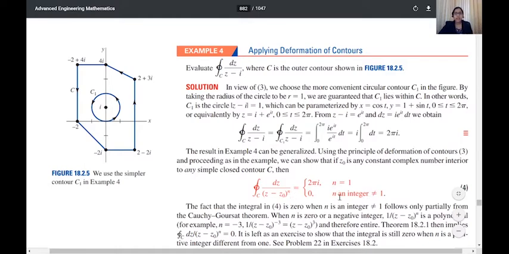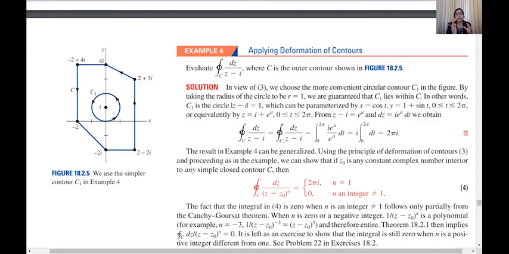If n is 0 or any negative integer, then z minus z0 raised to minus n comes in the numerator. So we are asked to find the integral of a polynomial function. Polynomial functions are entire, so by the Cauchy-Goursat theorem the integral of that function will be equal to 0. That is how 0 has come.